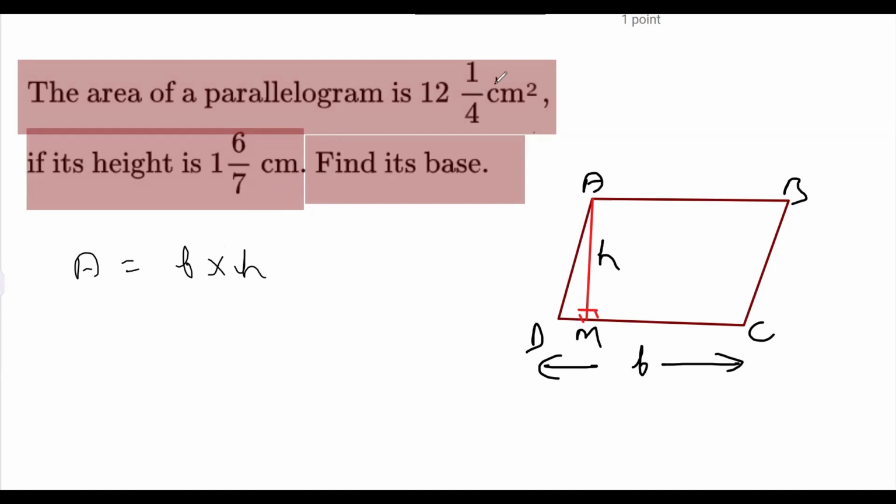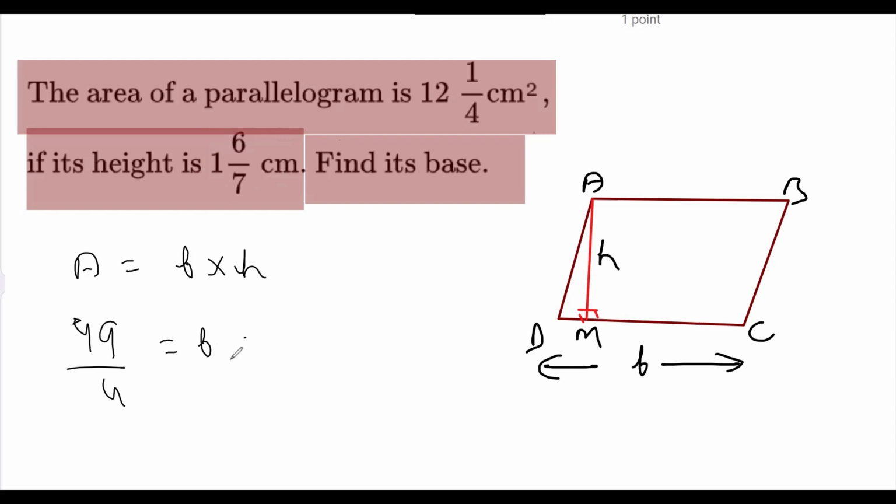So we know the area here and how much it is. You can see here, this is 12 into 4 is 48. 48 plus 1, that is 49. So we can say that we have the area here as 49 over 4, right? And the height is given and the base is missing.